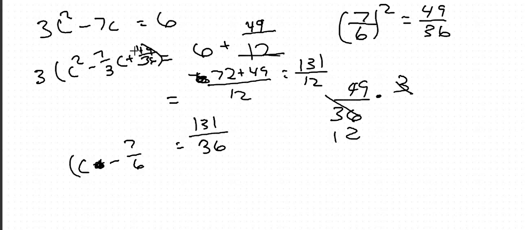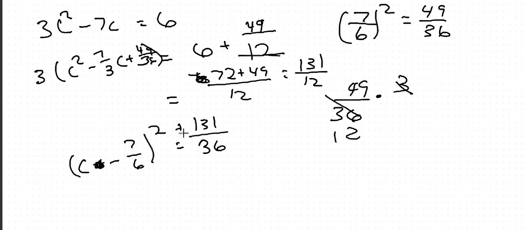Right, because I just take the square root of that. What's the square root of 49? 7. 7/6. I've already written that number there. That's how I knew it was already there, because I've already done that math. Yeah. 7/6, and then squared.